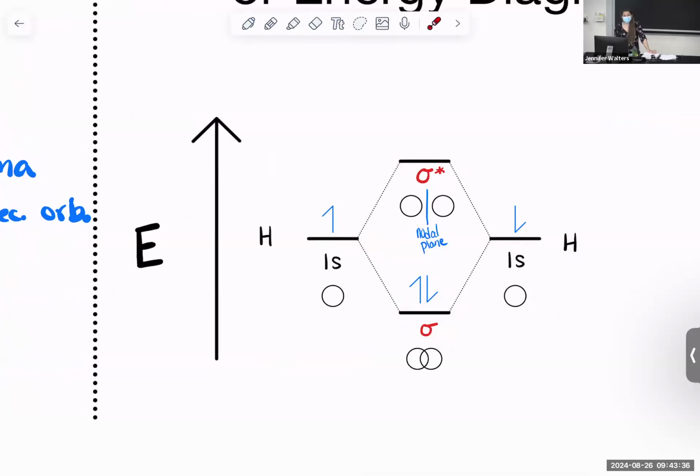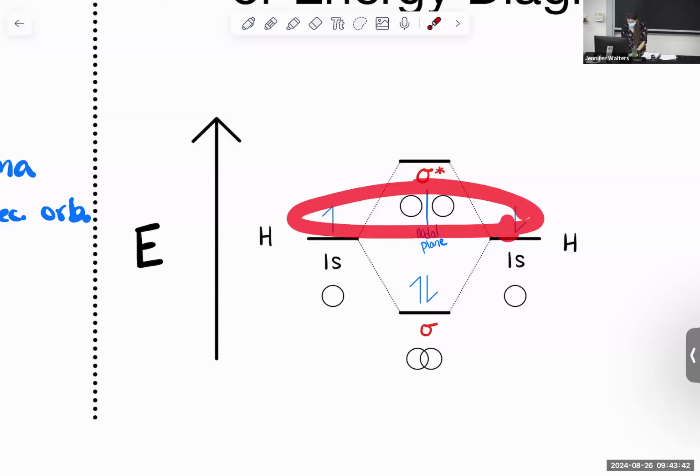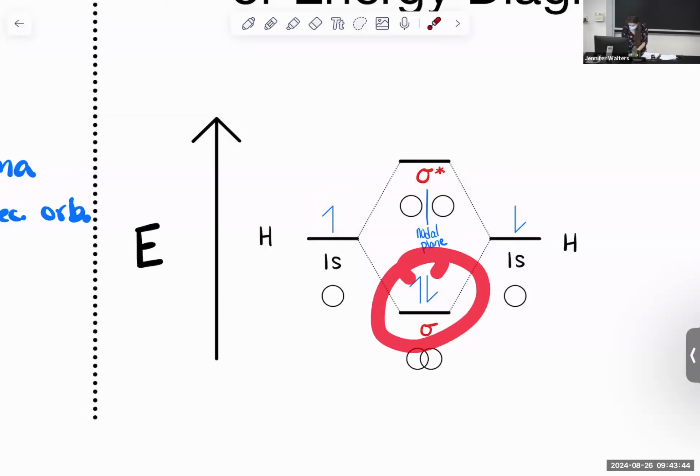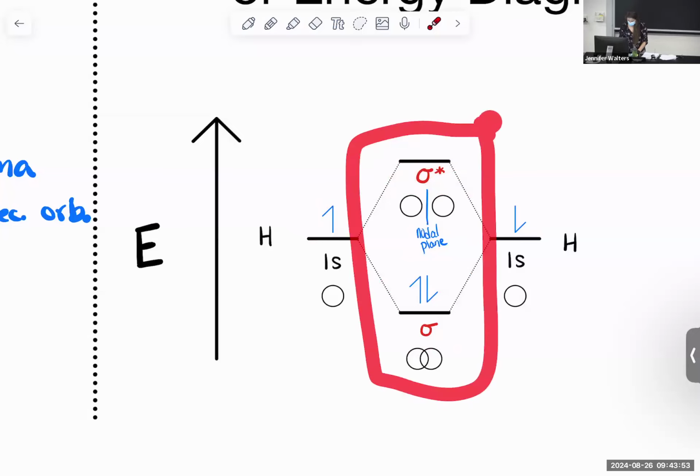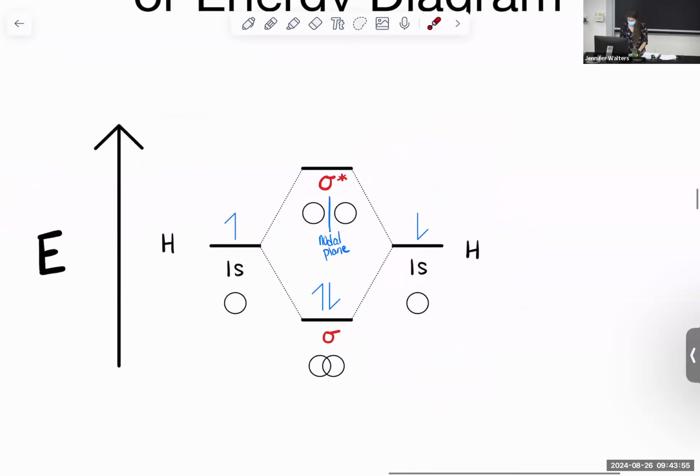You always fill bottom up still, so you start at the lower energy and fill up. Because I have 2 electrons total to start, I'm going to fill my molecular orbital with both electrons first, and then this top one is empty. So I have 2 electrons in my sigma and 0 electrons in my sigma star.